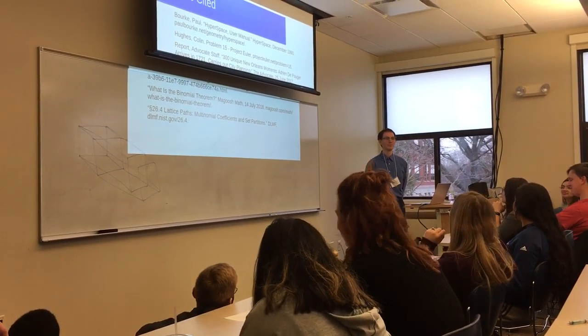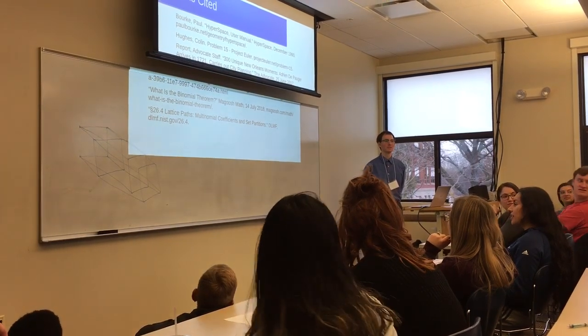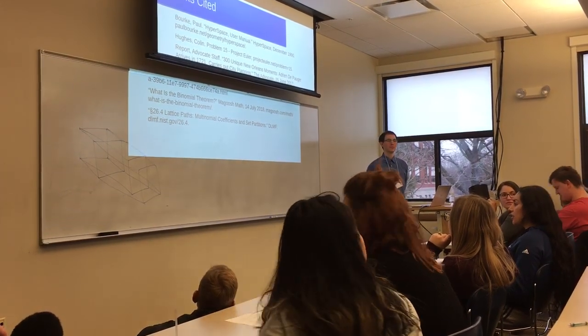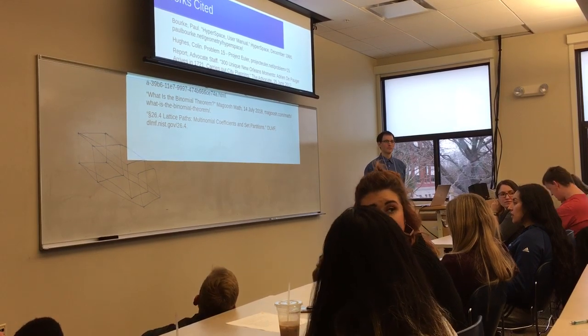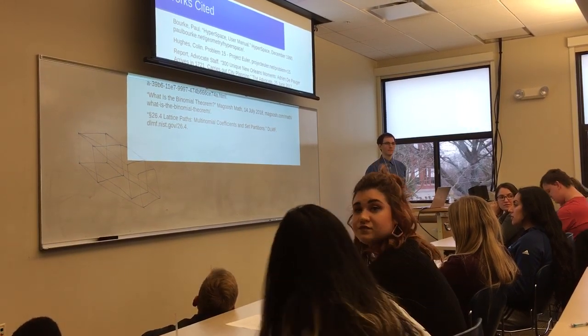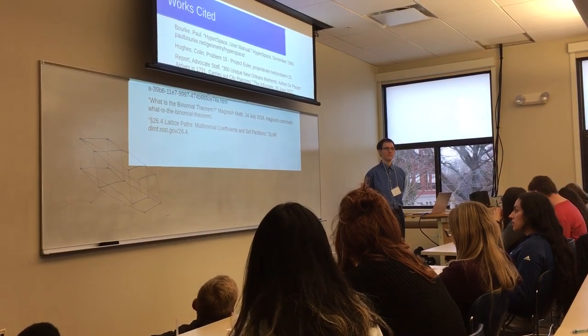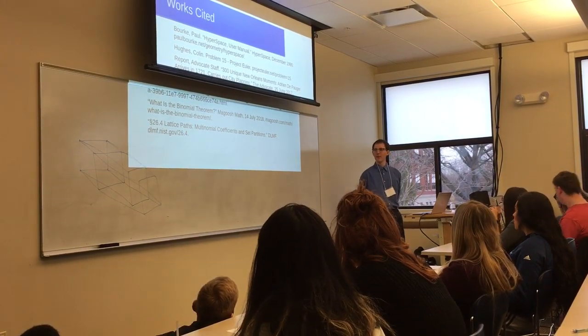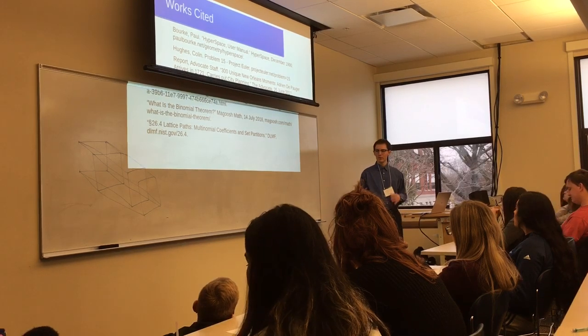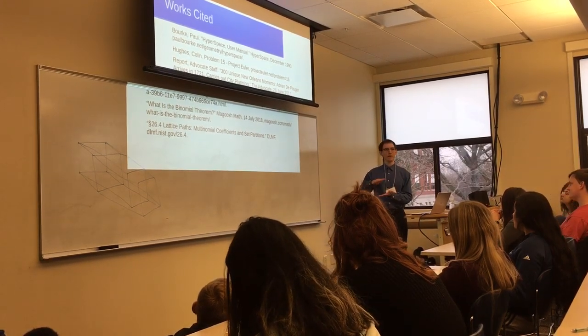Any more questions? Yes. What are your goals to follow up what you found to maybe increase just the knowledge about paths or other applications within graph theory? My plan is, you could use rectangles and rectangular prisms.